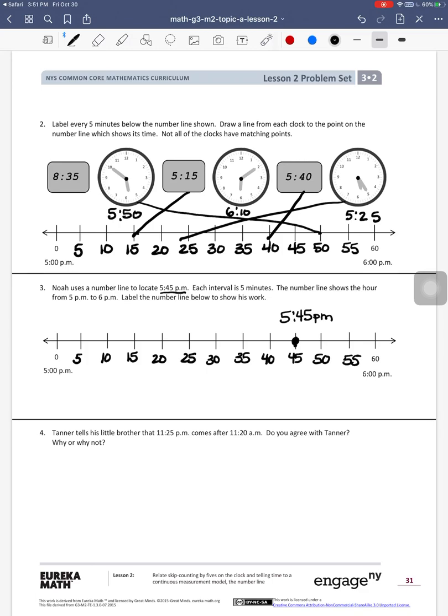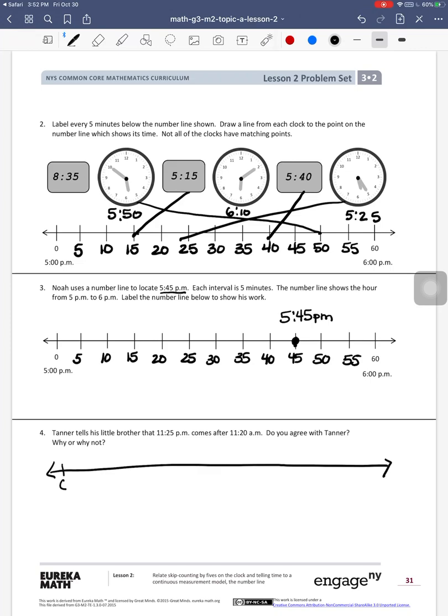All right, 4, Tanner tells his little brother that 11:25 p.m. comes after 11:20 a.m. Do you agree with Tanner? Why or why not? All right. So let's draw a number line. All right, and now I'm going to have my arrows.